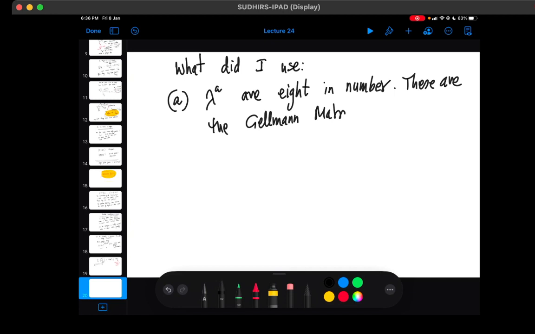The second piece of information I used is for local gauge theories.